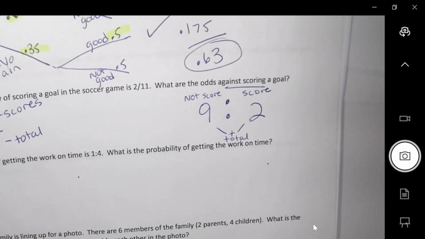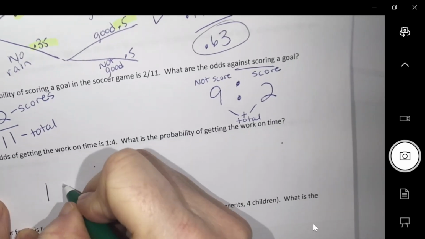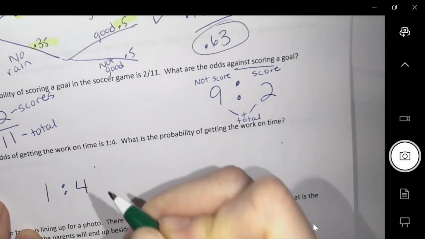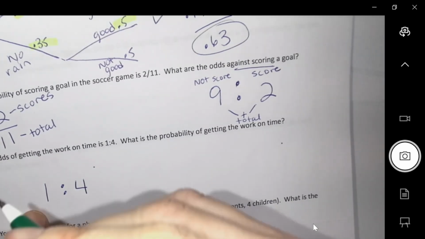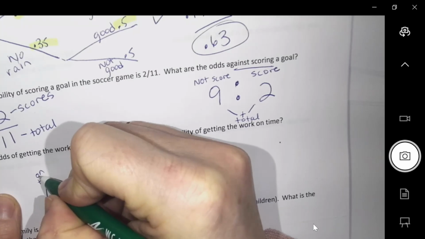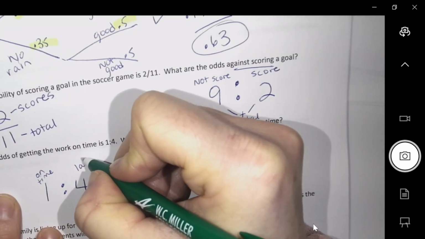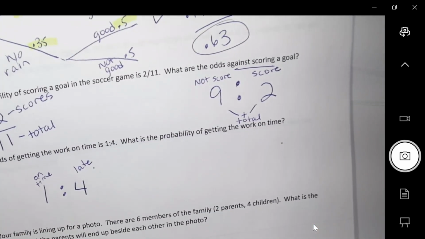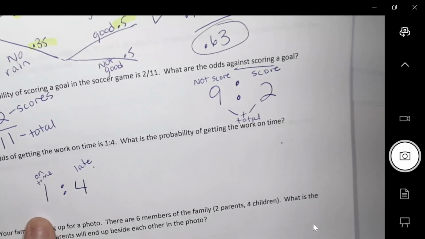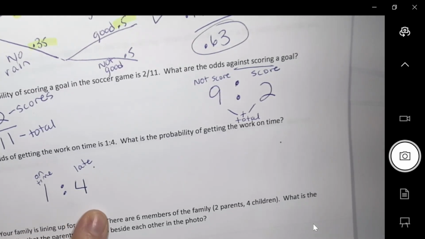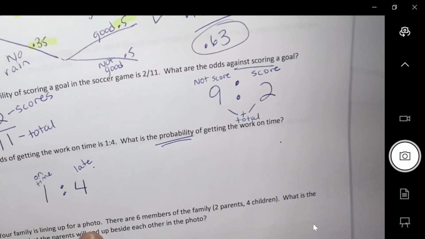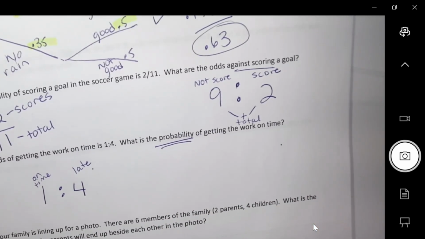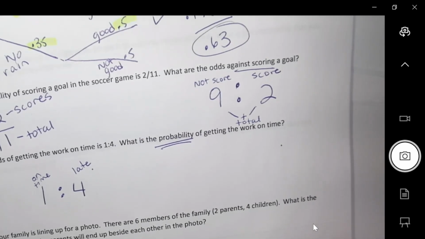Okay, the odds of getting to work on time is 1 to 4. So this means on time, well, this would mean late then, right? This is on time, this is not on time. What's the probability? So probability is something out of total. You're always doing it out of a total.